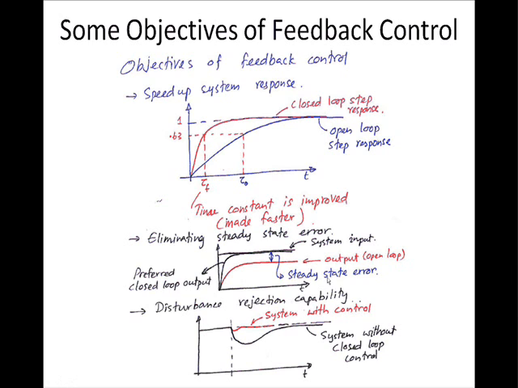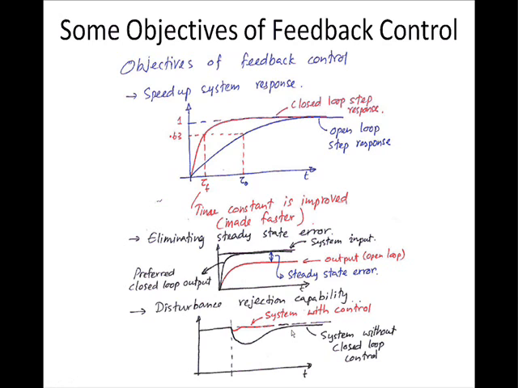And then sometimes there can be situations where we need to eliminate this steady state error. Then the preferred closed loop output, when you introduce the closed loop control, will exactly reach the final steady state value of the input. That could be one objective of feedback control.